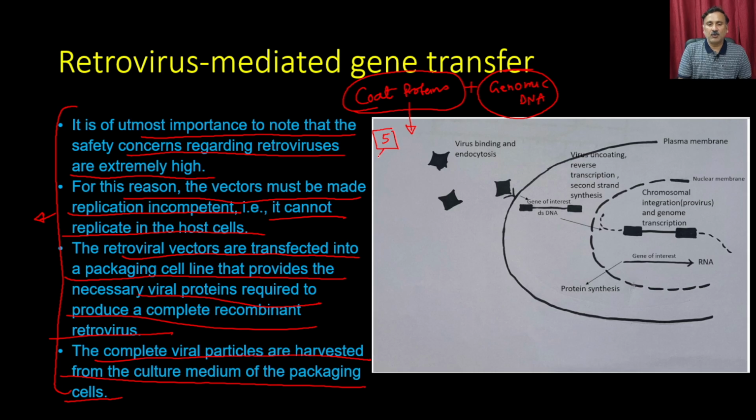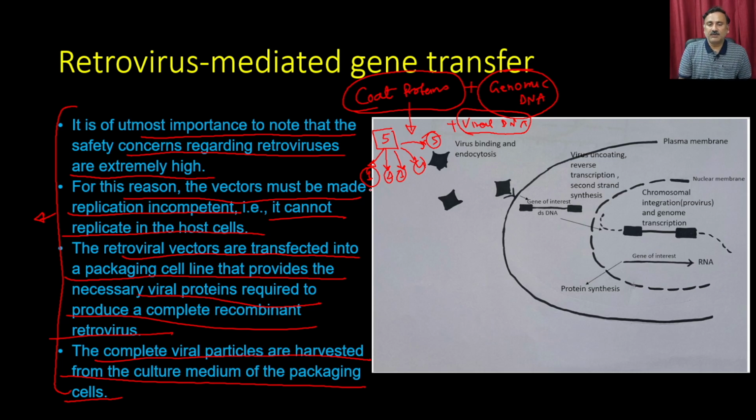Then you put all these 5 into 5 different vectors, so you have one vector, second, third, fourth and fifth vector. When you put them together along with the viral DNA, which contains the transgene, it produces virus particles, and these virus particles are taken up by the cell.